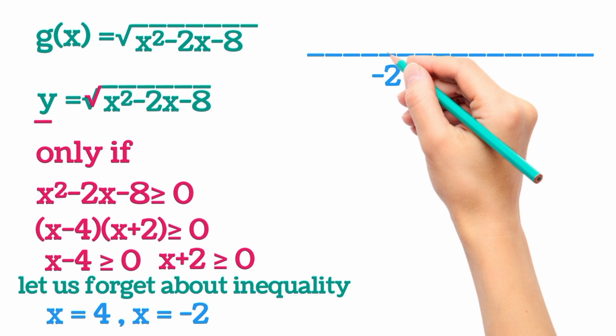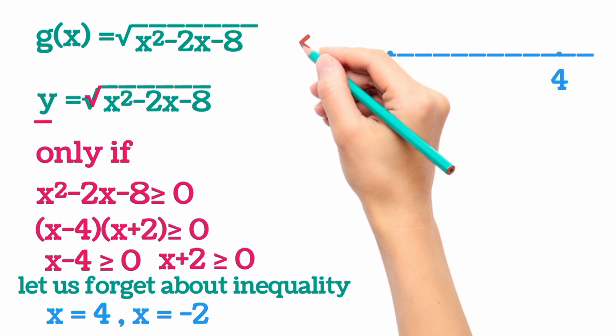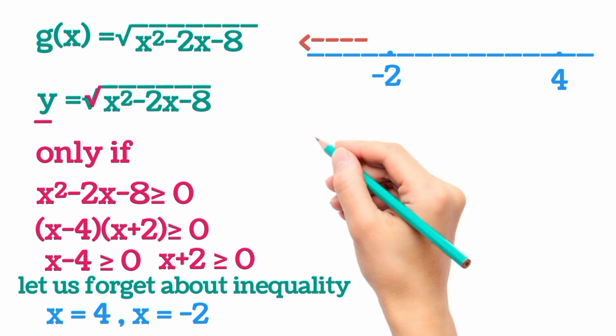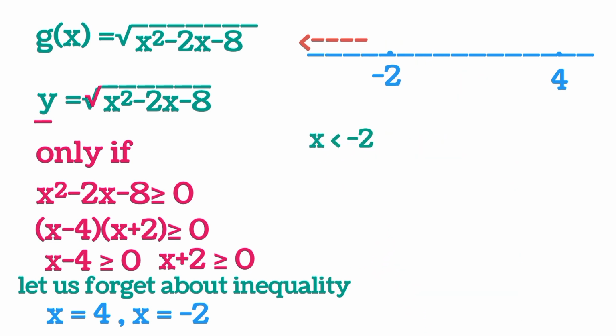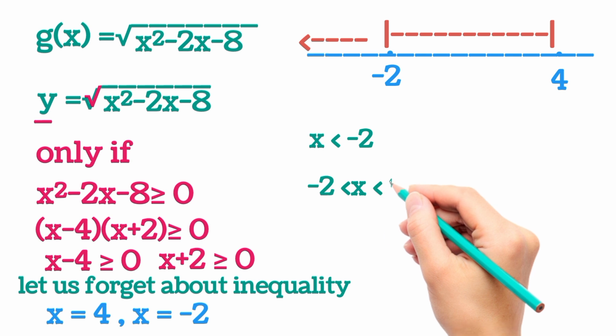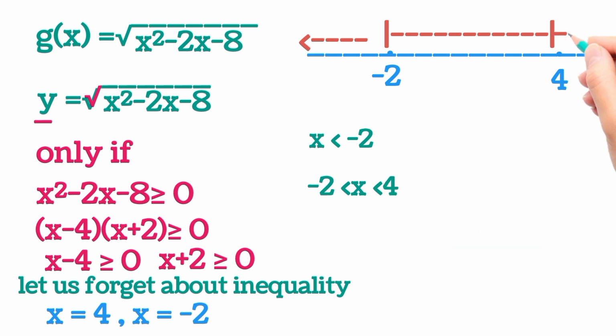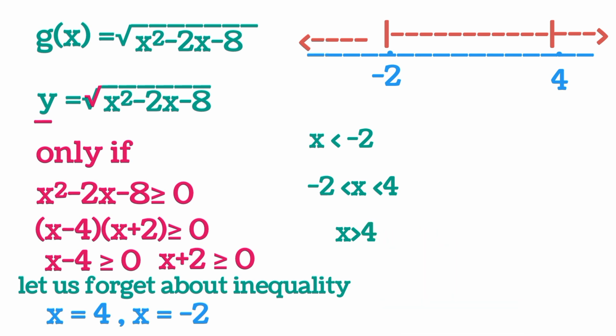On the number line, this is the point -2 and this is the point 4. Now this section is x < -2, this section is x > -2 but less than 4, and this section is x > 4.